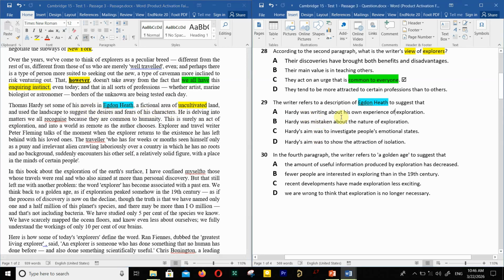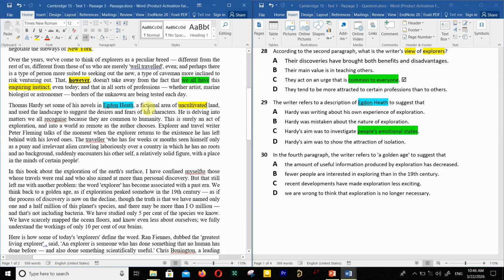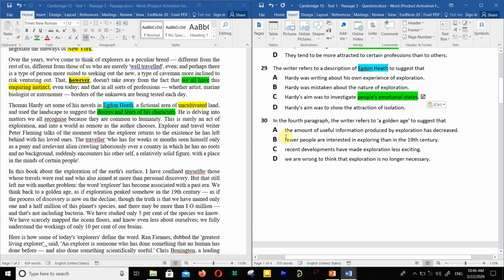So Hardy was writing about his own... no. Hardy was mistaken about... no. Hardy's aim was to investigate people's emotional states. Where is it? The desires and fears of his characters. You see, the first sentence, you're going to locate your answer. This is pretty straightforward and easy. So option C. As you can see, if you go through each paragraph by paragraph, you can easily find your answers. It's not that difficult.